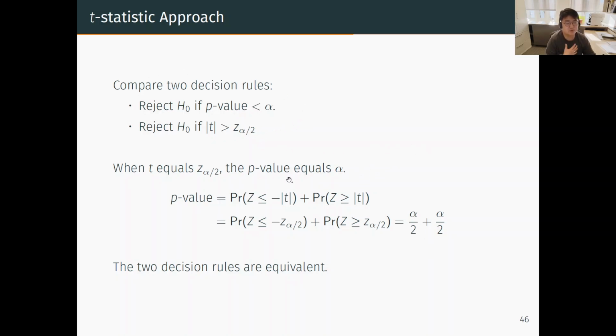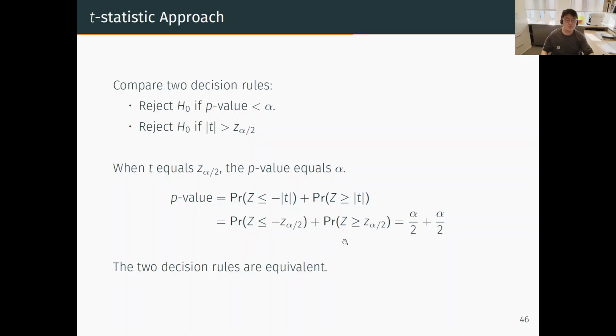And then it's pretty easy to see that when the t-statistic equals this value, the p-value will be alpha. That means the two decision rules are equivalent.